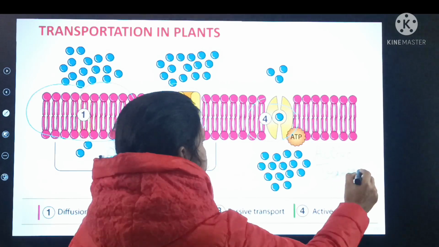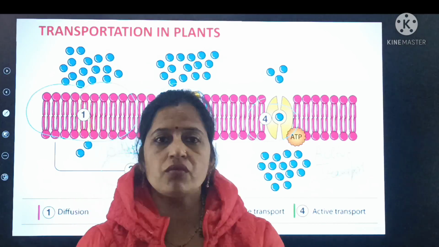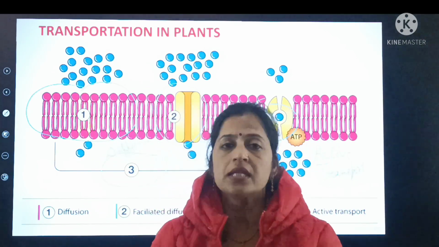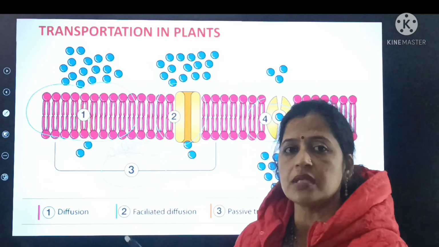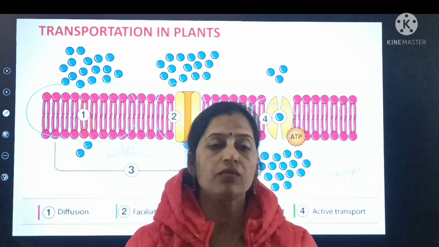So here beta, there are four different mechanisms used for transportation in plants: first, diffusion; second, facilitated diffusion; third, passive transport; and fourth, active transport.